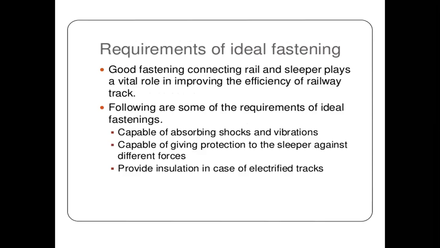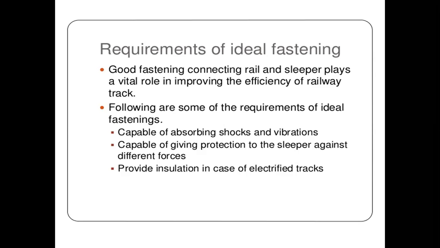First, they are capable of absorbing shocks and vibrations which are taken by the rails. There is a jolting effect when the locomotive wheel and axle loads move towards the joints of the rails. They can absorb heavy shocks when compared to smooth movement on a parallel track.